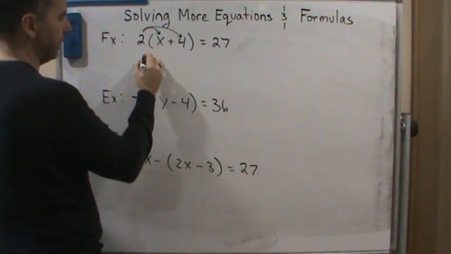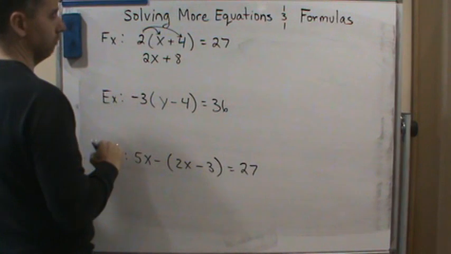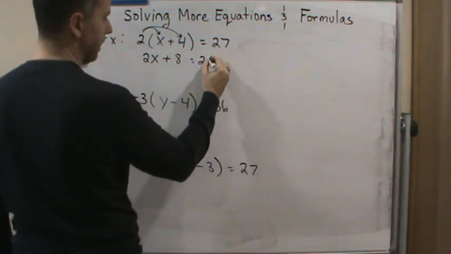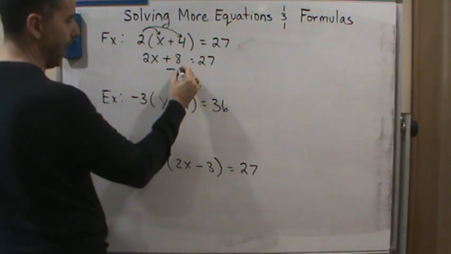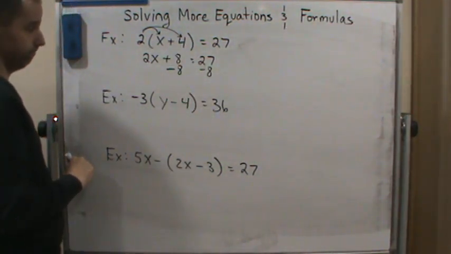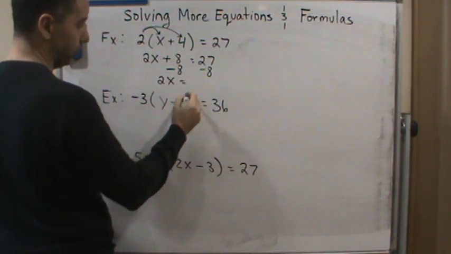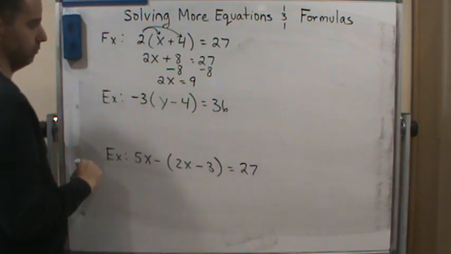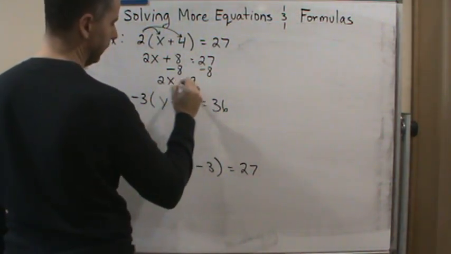And so that would give me 2x plus 8 equals 27. And then what I would do is subtract 8 from both sides, right? And that would give me 2x is equal to 9. Oh, hold on, not 9. 19.